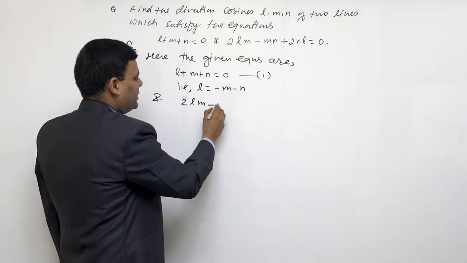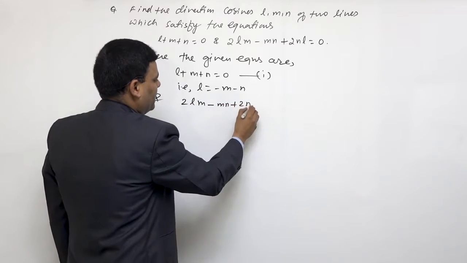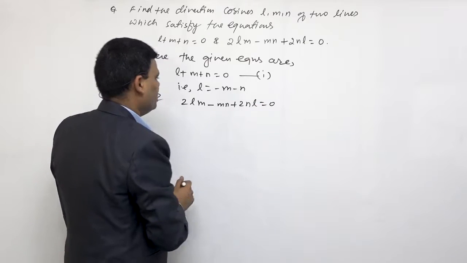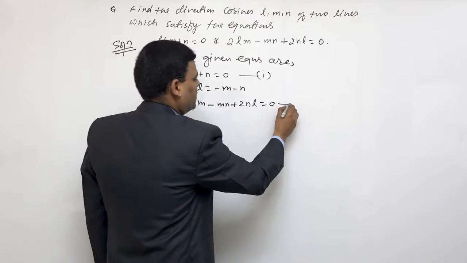2LM minus MN plus 2NL equals to 0, let it be equation 2.